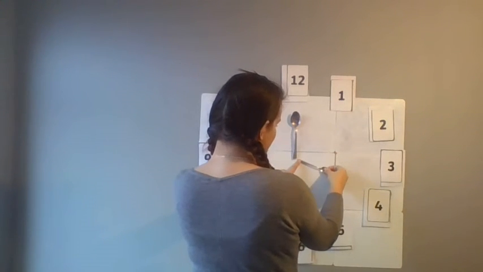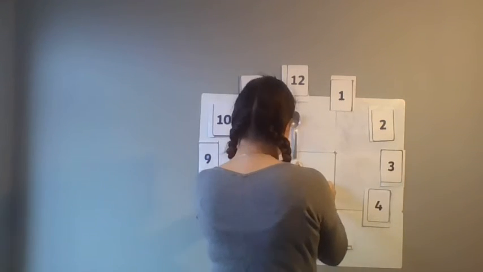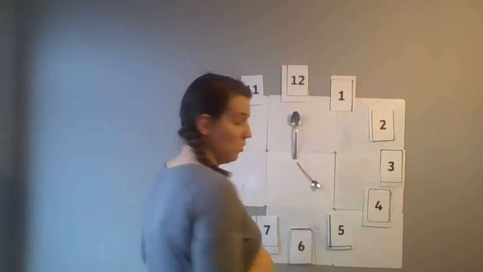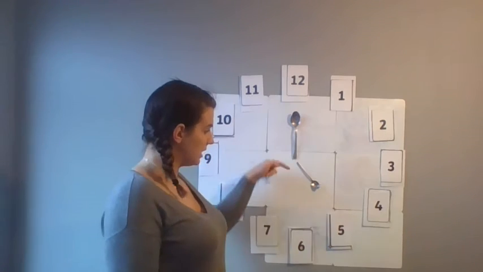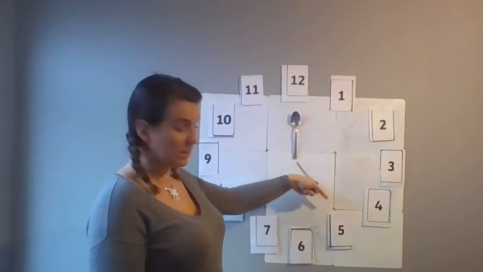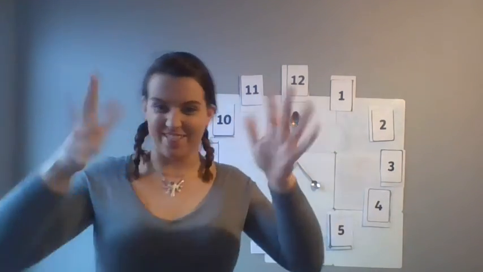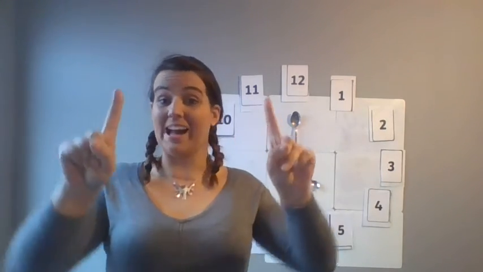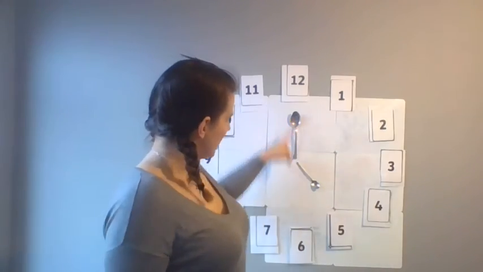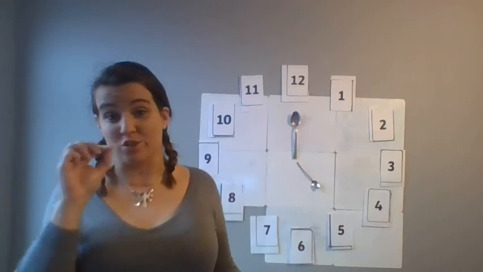Let's have a look. What if my little hand keeps moving? What number is my little hand pointing towards? My little hand. We call these parts of our clock hands. It's a bit funny because they don't look like these hands, do they? But they're pointing a bit like our hands do. Okay, so these are spoons, and you could use spoons or pens or sticks at home.